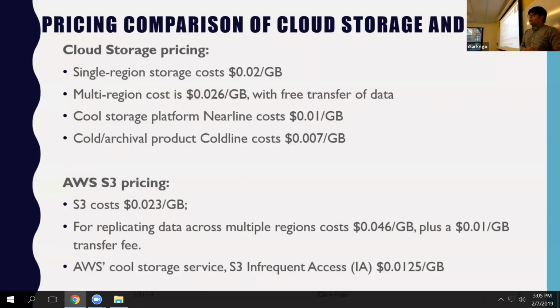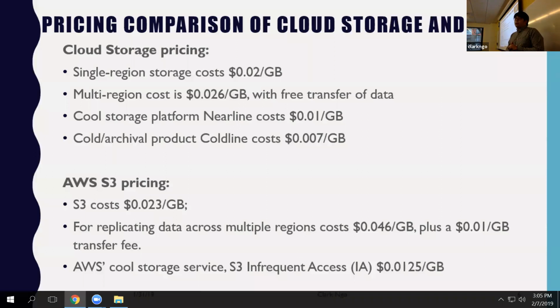So for the pricing, surprisingly, Google Cloud is cheaper in most aspects. Let's say Nearline, the once-a-month access, is 0.01 per gigabyte, and for AWS, infrequent access would be 0.0125, which is more.